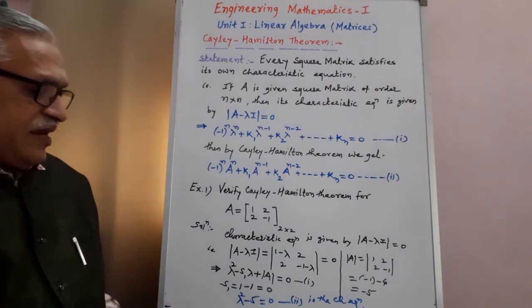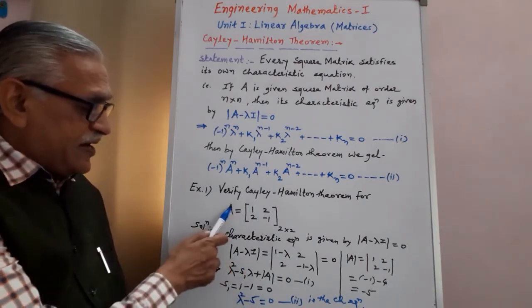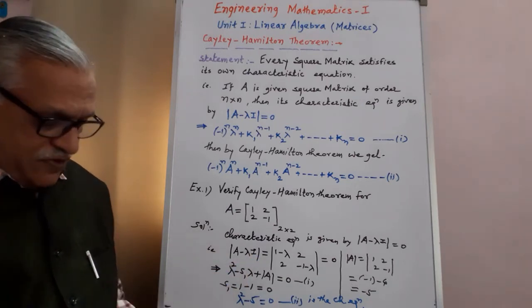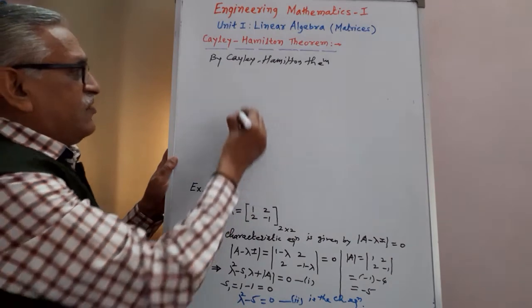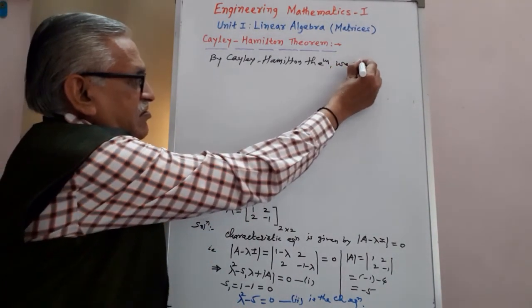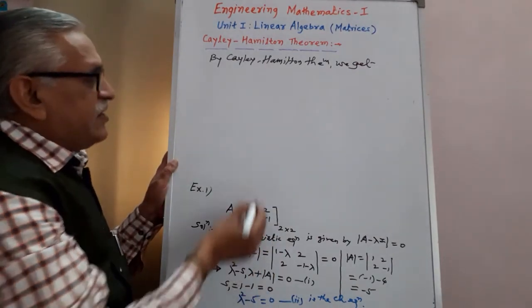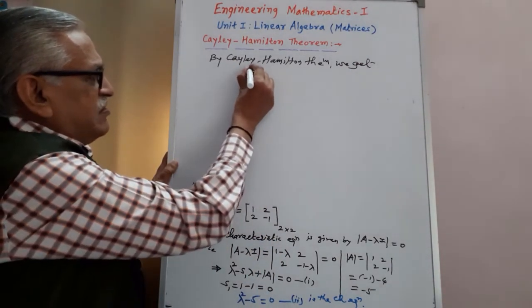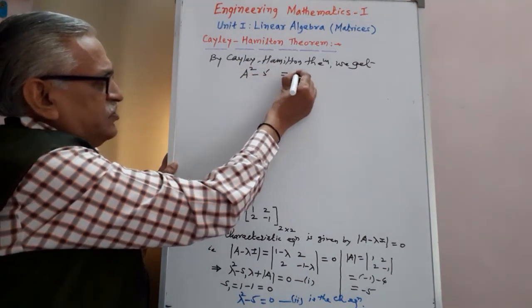Okay. Then by the Cayley-Hamilton theorem, this equation is satisfied by the matrix A itself, and therefore, replacing lambda by A, we get A square minus 5 equals 0.